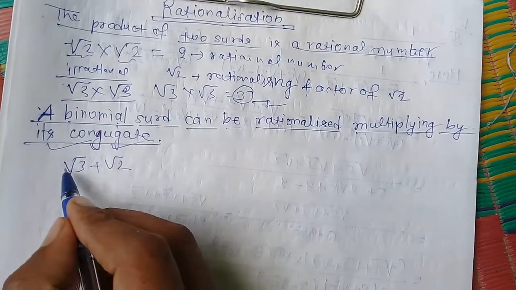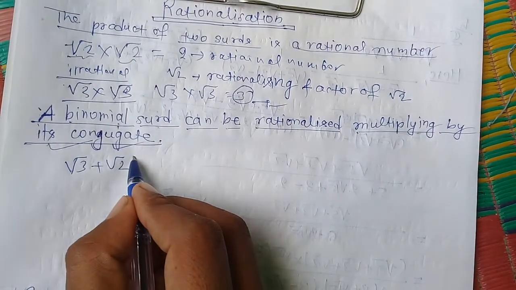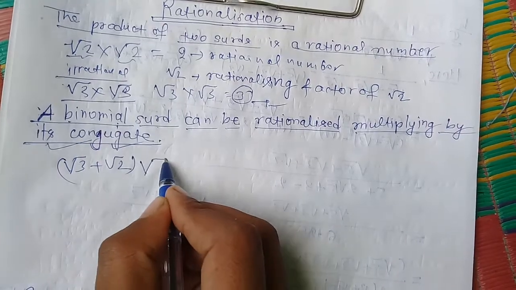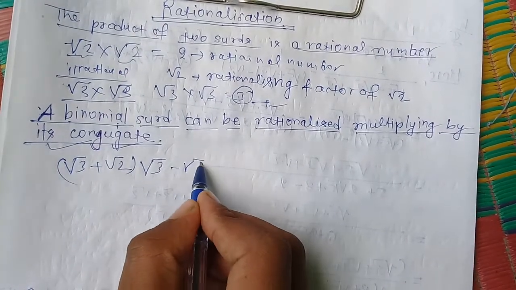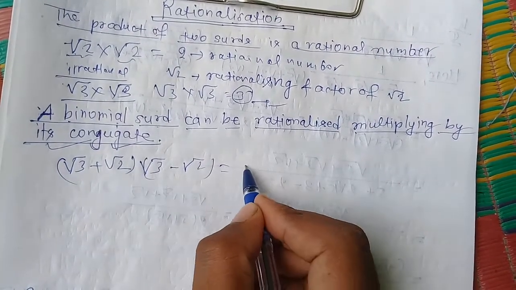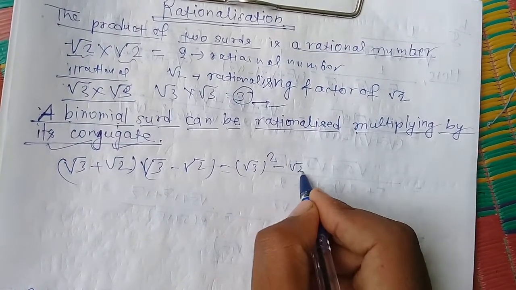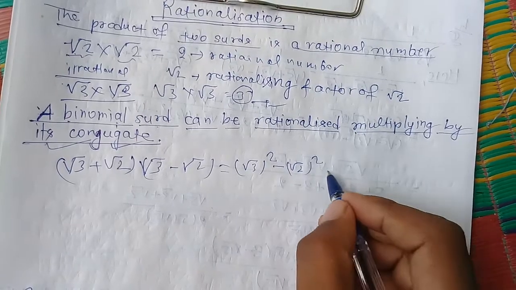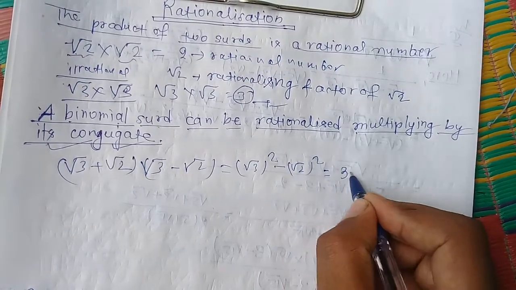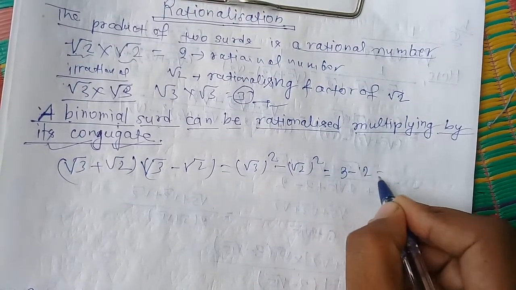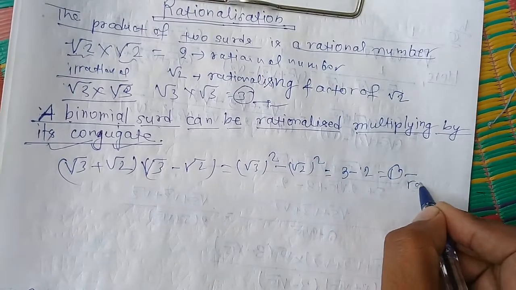If we multiply by root 3 minus root 2, it will give you root 3 squared and root 2 squared, so it will give you 3 minus 2, which is equal to 1. So what is this? A rational number.